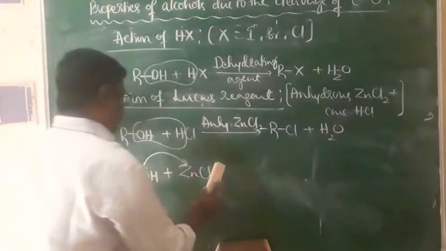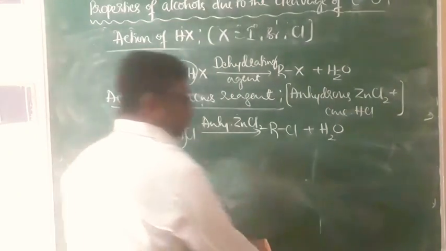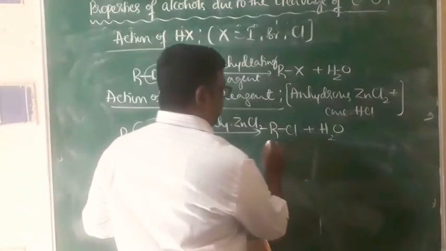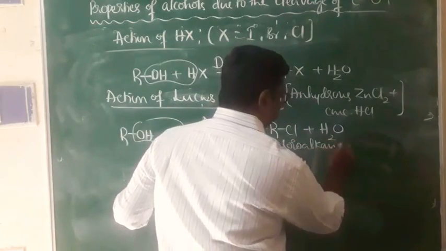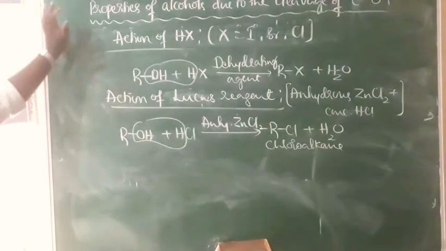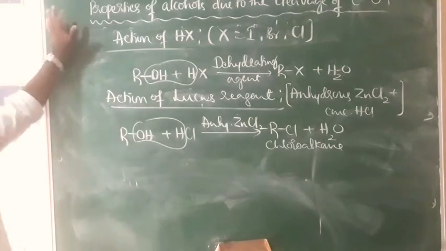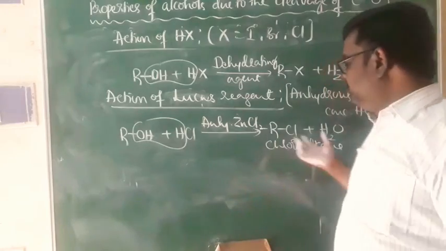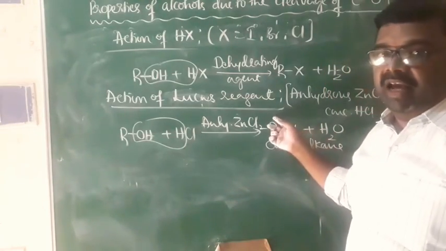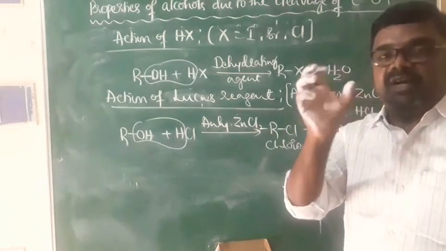And remember, in this reaction you are going to get chloroalkane, which is insoluble in water. Because of the formation of this insoluble chloroalkane when Lucas reagent reacts with alcohols, you will find the formation of turbidity.